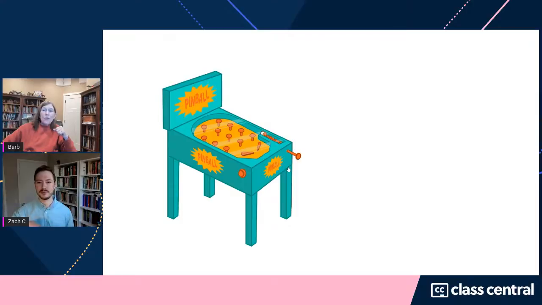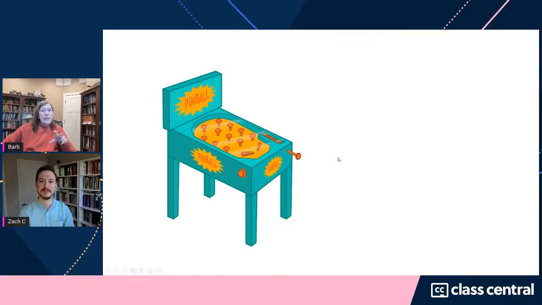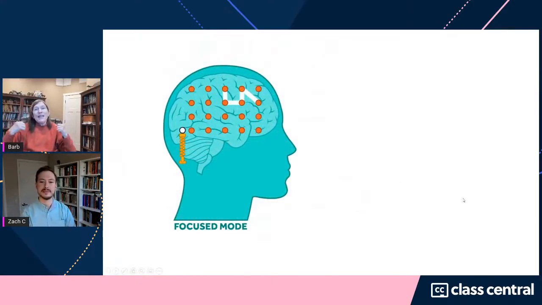And all you do to play pinball is pull back on the plunger in real life. A ball will come out and go bouncing around on these rubber bumpers, and that's how you get points. So this pinball idea can be applied to the human brain. Watch as we see the human brain with a pinball machine on it.